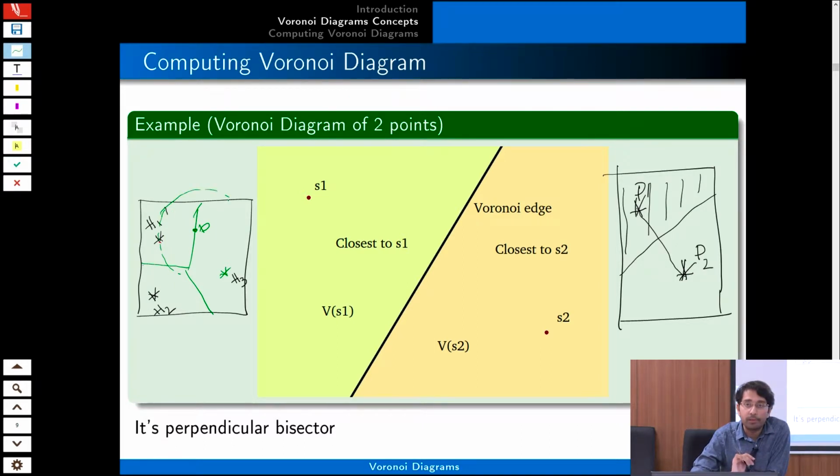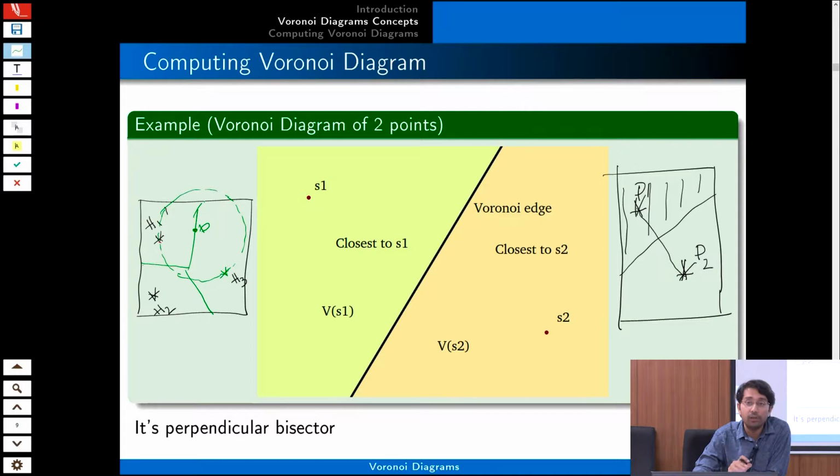Can we say some properties of this circle? It will pass through H3 as well, because this point belongs to the Voronoi region of H1 as well as H3. So, it has to pass through both, and again the circle will be empty.